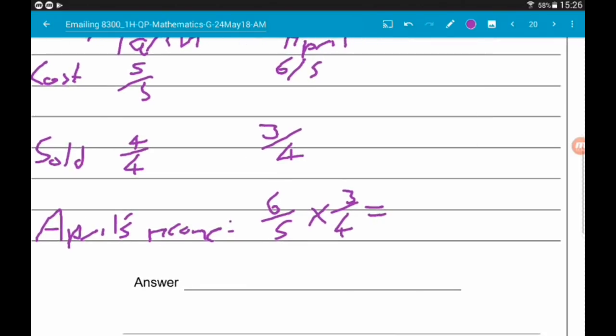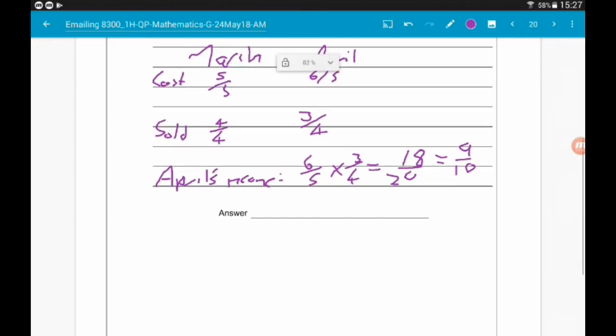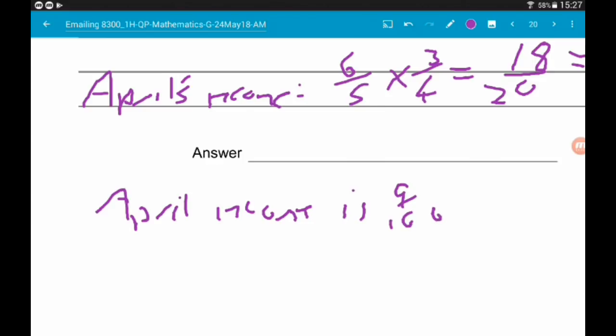Now that's going to give us 18 on top and 20 on the bottom, which simplifies to 9/10. So the April income is 9/10 of the March income.